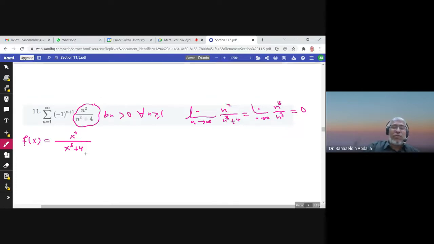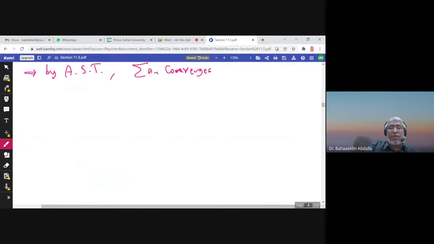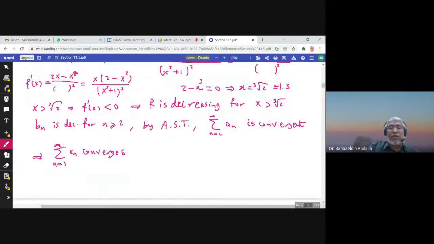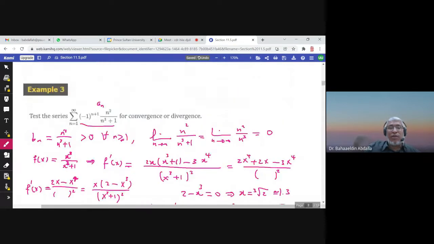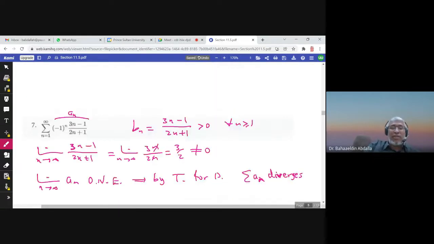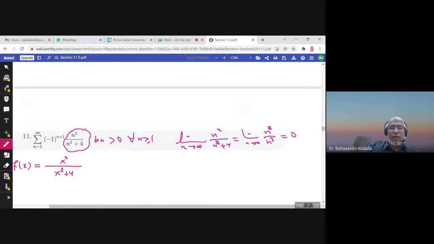Please do the same as this exercise here. I did it for this function, this example, this one, okay? This is x squared over x cubed plus 1, and this is x squared plus x cubed plus 4.